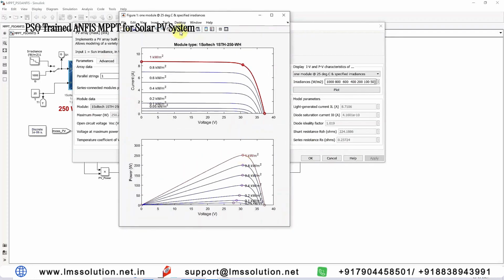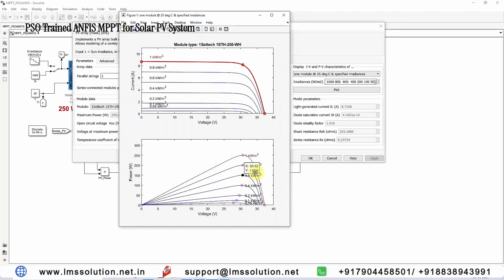This is the corresponding IV and PV characteristics of the considered PV panel. Here you can see the maximum power point for different irradiation. It is 250.2 watts when the irradiation is 1000 watts per meter square, and the voltage is 30.7. For 800 watts per meter square, the maximum power is around 199.9 and the voltage is 30.68.